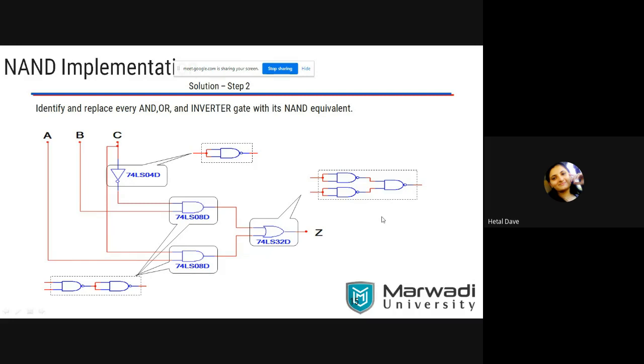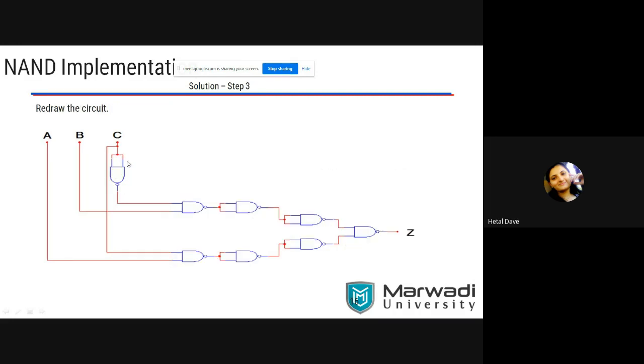Is this clear now? Yes, ma'am. Now we have replaced it. You can see the NOT gate is replaced by this circuit where the inputs are shorted, the AND gate is replaced by 2 NAND gates, and the OR gate is replaced by 3 NAND gates. Okay.